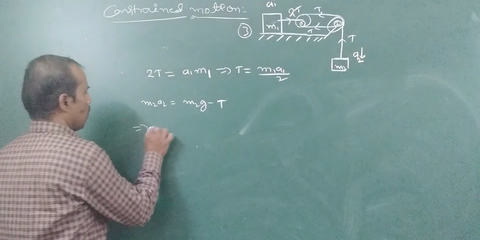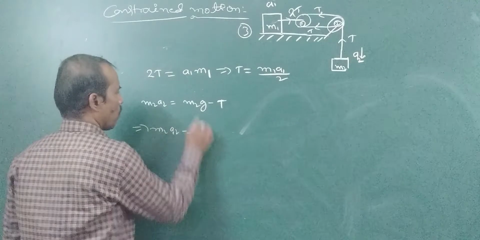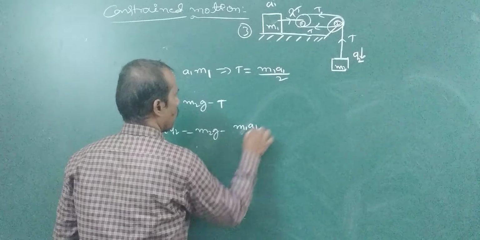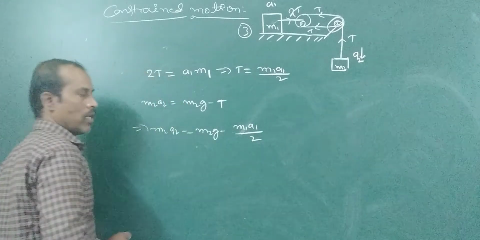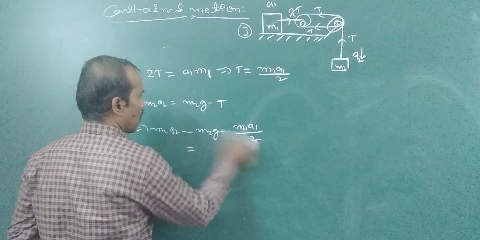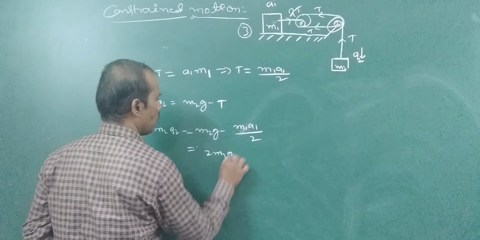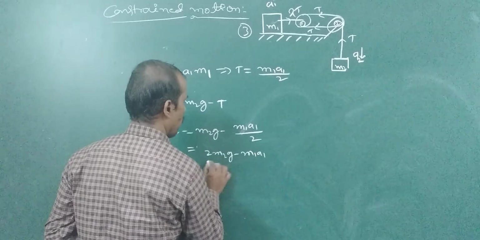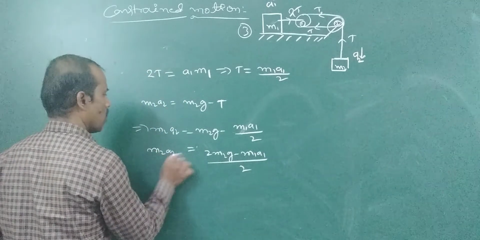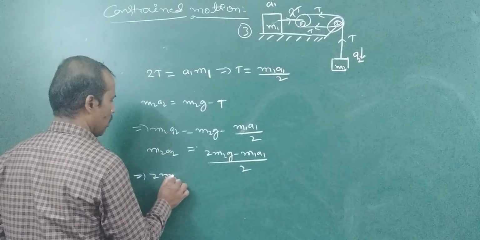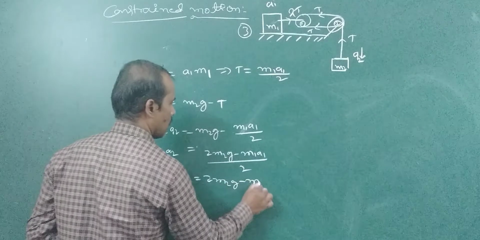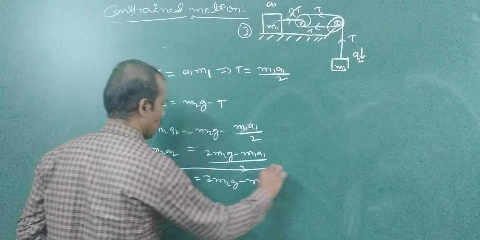That means m2 a2 is equal to m2 g minus m1 a1 by 2. Cross multiplying, 2 m2 a2 is equal to 2 m2 g minus m1 a1.